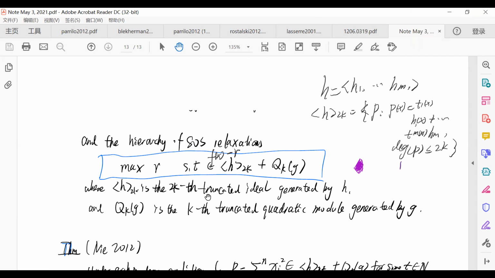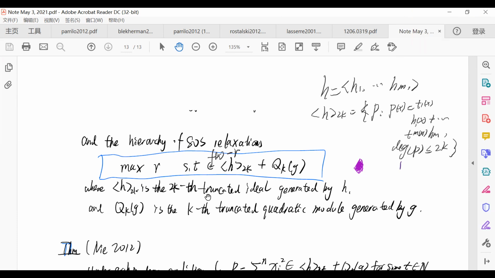Sorry, is there another version of this hierarchy where you bound the degree of the t_i? Yeah, you bound the degree of t_i. Eventually you're bounding the ideal, right?